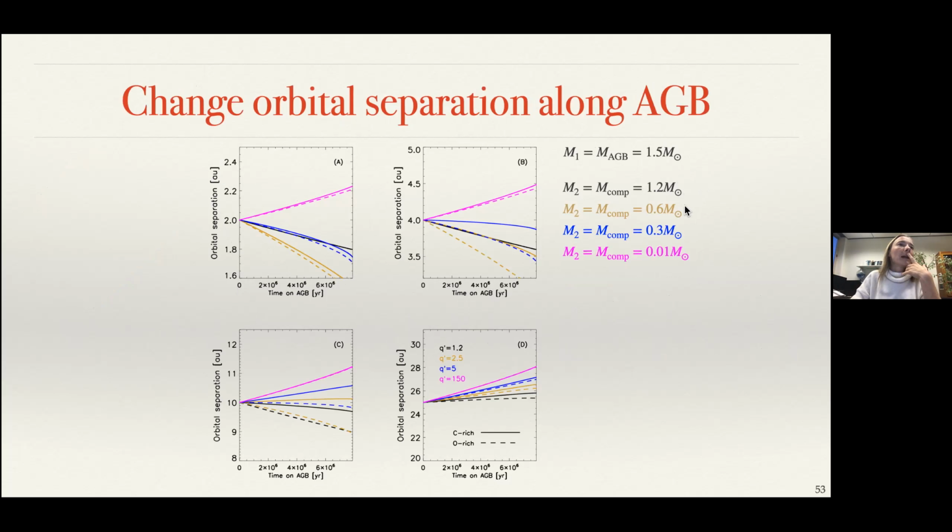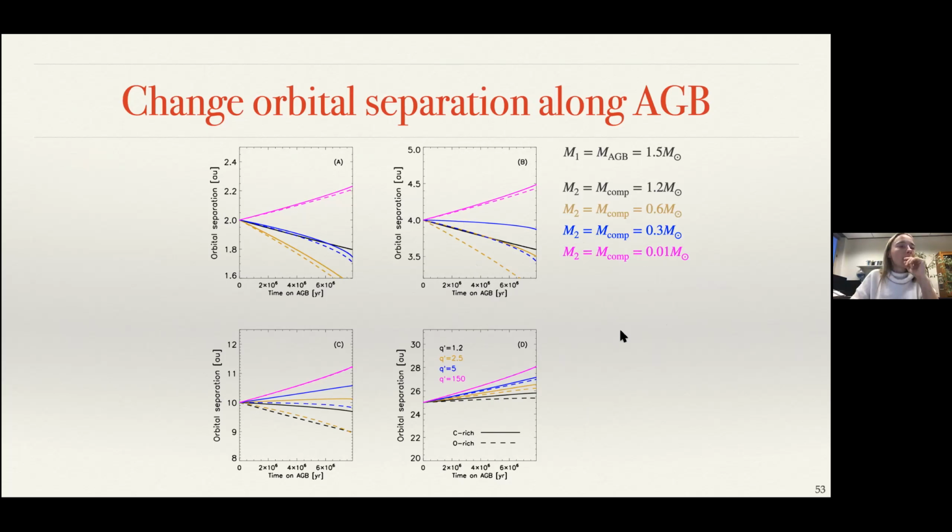And then black, gold, blue, and magenta are just computations of the orbital separation as a function of time for different companion masses. So here we have an initial orbital separation of 2 AU, 4 AU, 10 AU, and 25 AU. And so you can see how that changes.